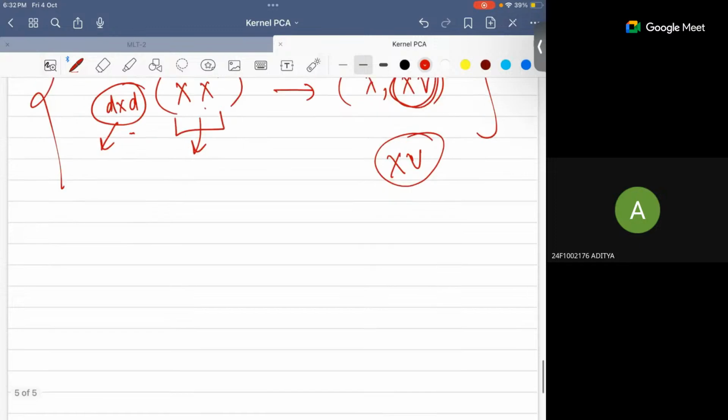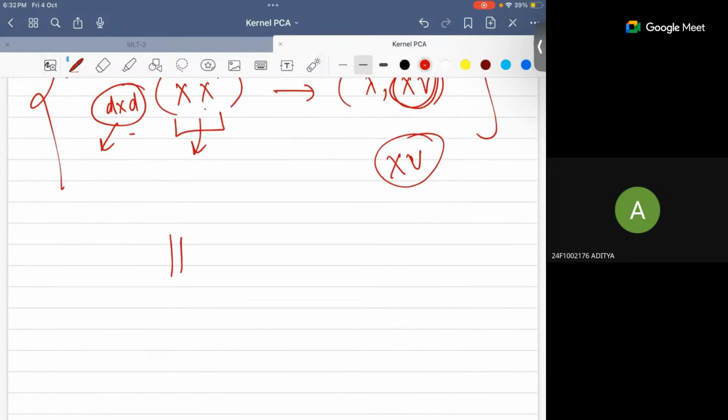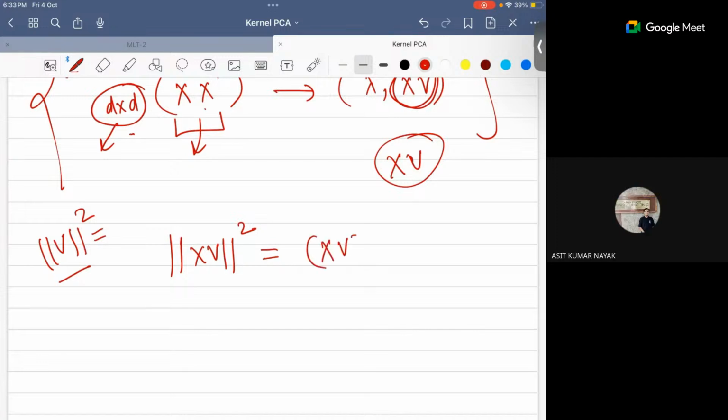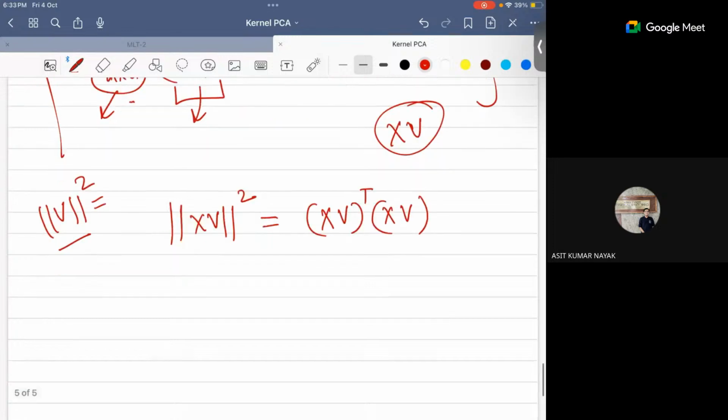So to normalize, what will be the value of this x times v? How do you write this vector? xv transpose times xv. If I transpose this, it will be v transpose x transpose xv.